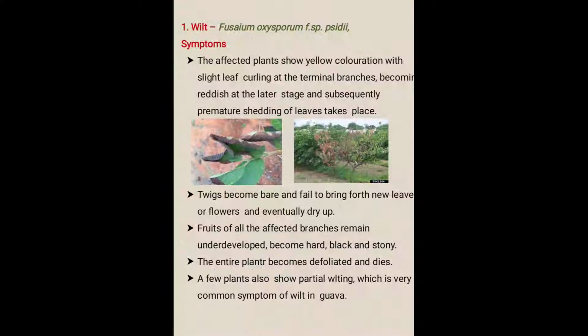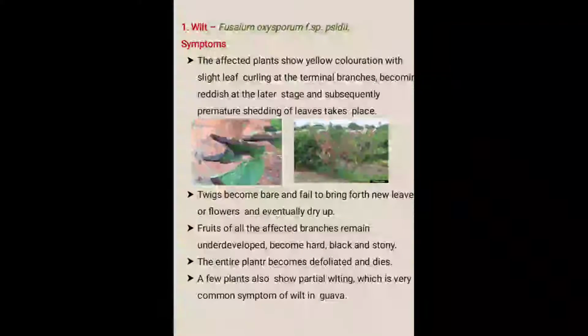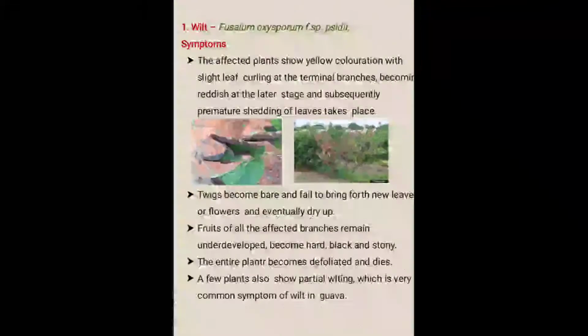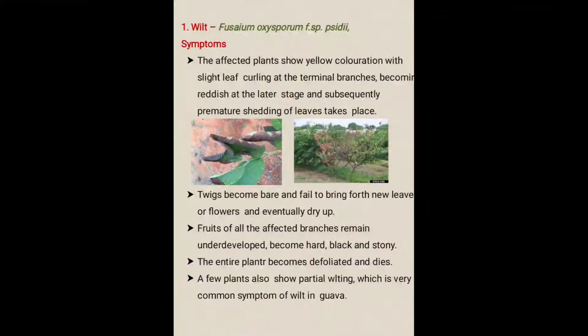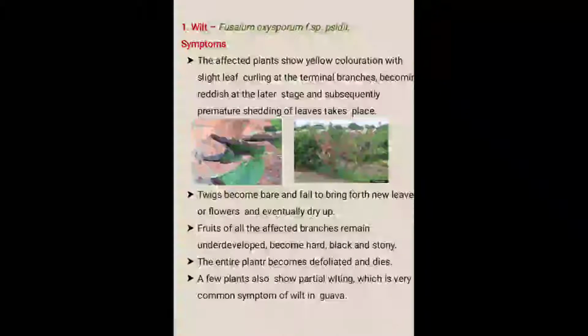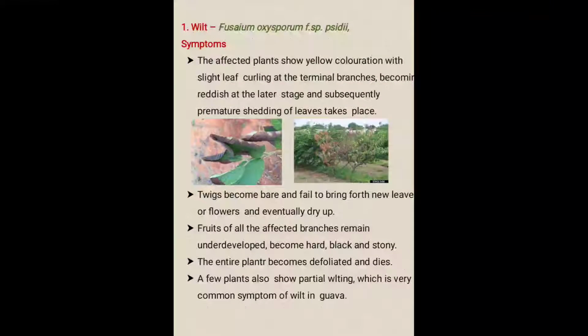The next symptom, that is twigs become bare and fail to bring forth new leaves or flowers and eventually dry up. As I told you earlier, it is wilt. It is nothing but drying of the plant parts, or at an extreme level drying of the entire plant, that is called wilt.